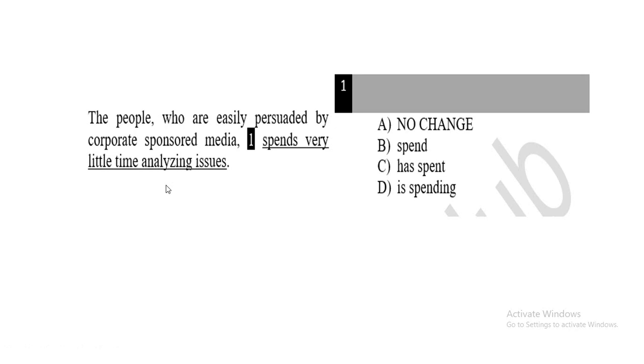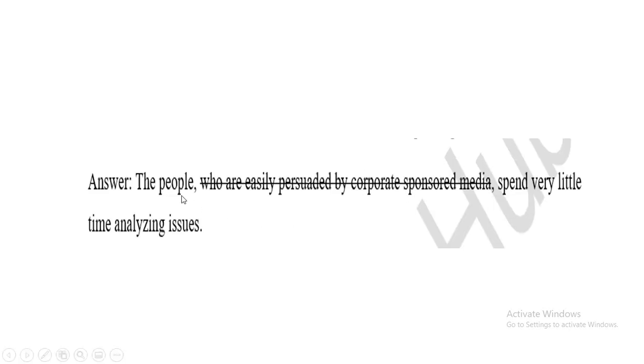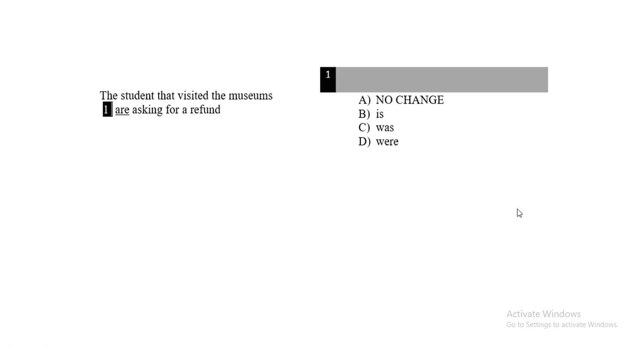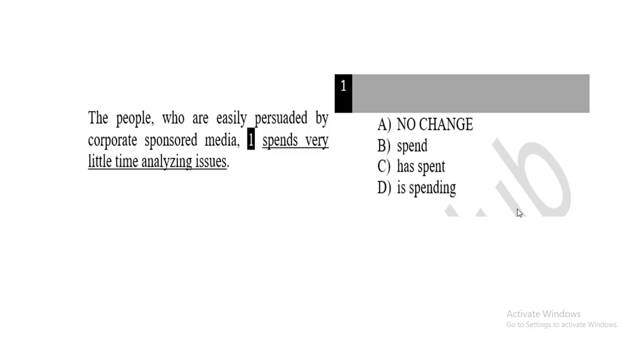So what are we going to do now? Excellent. Cross out the non-essential clause. The people spend very little time. So the answer should be B: the people spend, not spends.